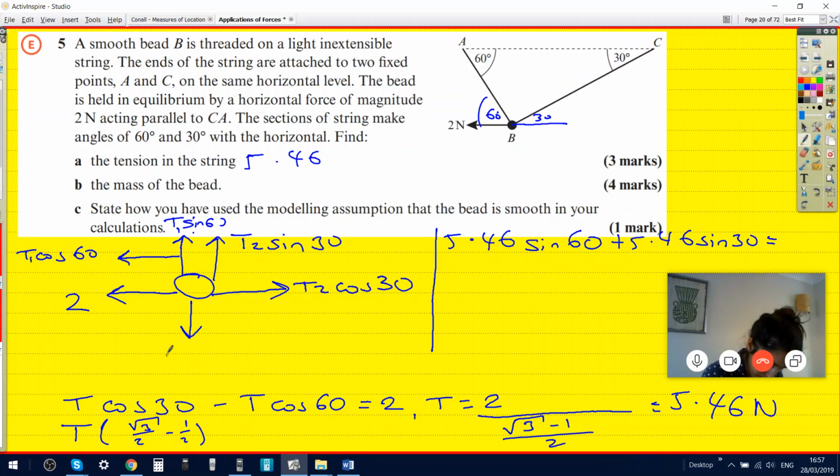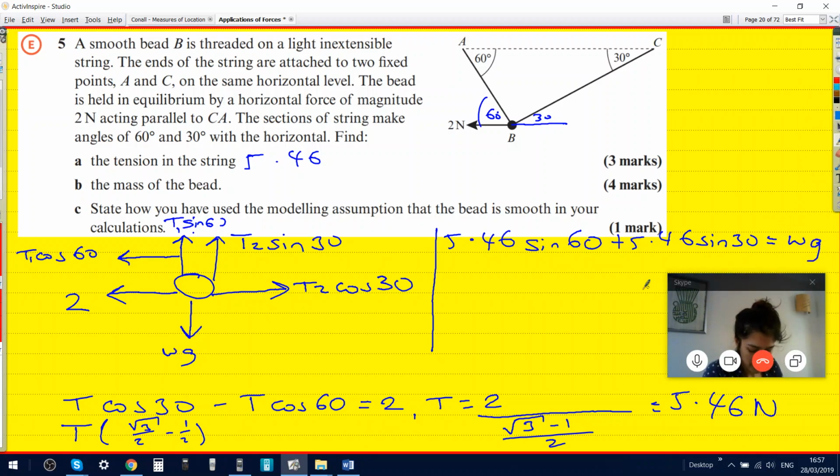W equals 7.46, or 7.5, depending what you round it to.